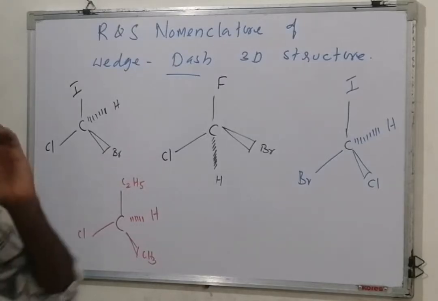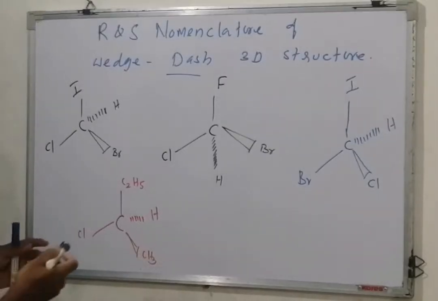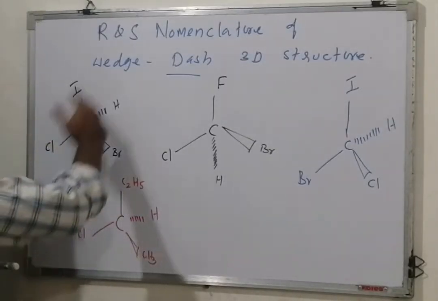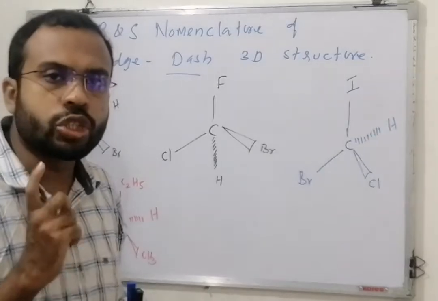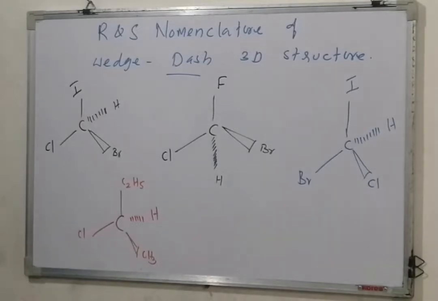You give the CIP number here. First, you have to ensure that the least priority group, the fourth priority group, should be away from the observer. If not so, we have to do one more thing before assigning the priority.